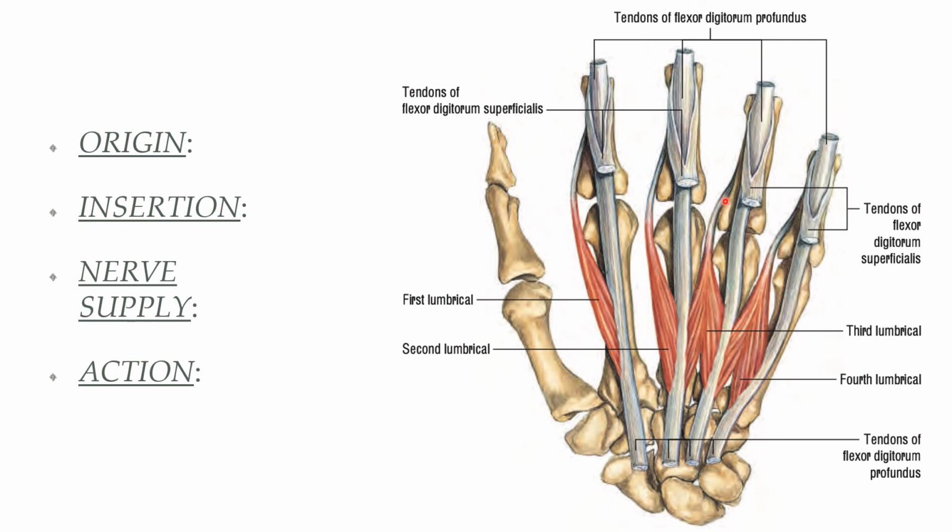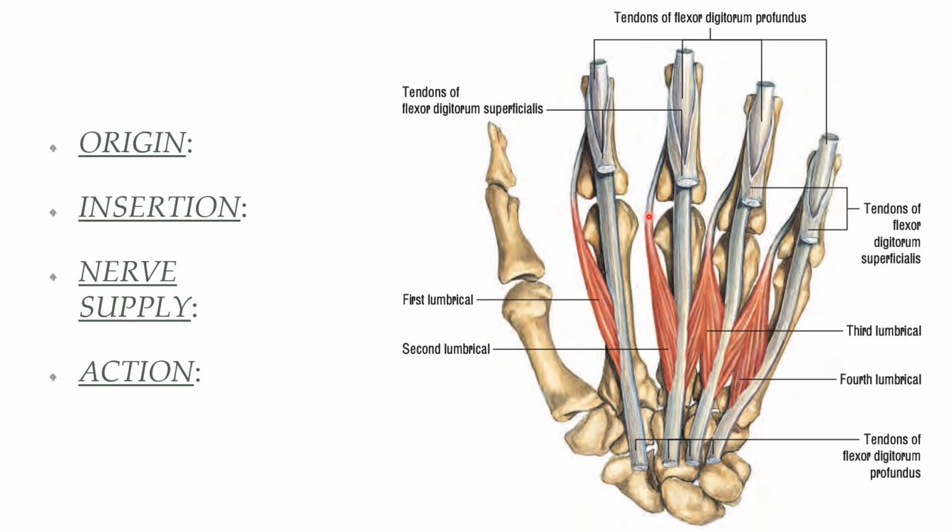Coming to the nerve supply of lumbricals, the first and second lumbrical are supplied by the median nerve, whereas the third and fourth lumbrical, which are bipinnate muscle, are supplied by the deep branch of the ulnar nerve. These lumbricals act as a link between the flexor muscles and the extensor group of muscles, because they take origin from the tendon of a flexor muscle, which is flexor digitorum profundus, and they insert over the dorsal digital expansion, which is formed by the extensor group of muscles.